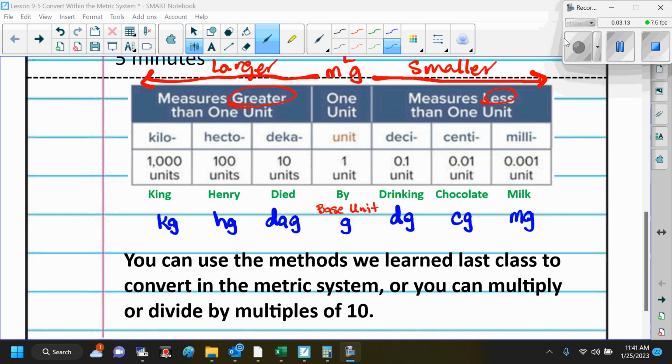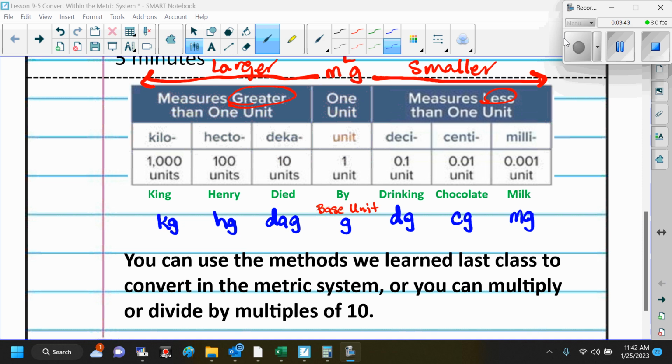So here it says we can use the methods that we learned last class to convert in the metric system, or you can multiply or divide by multiples of 10. If we are converting from, say, centimeters to kilometers, or decameters to millimeters, we can multiply by a multiple of 10.